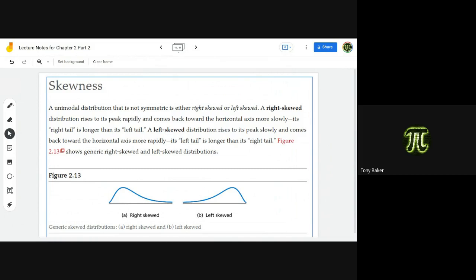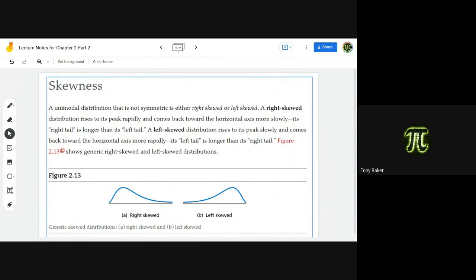So for a right skewed, this is your median, right in the middle there. Your mean is going to be somewhere over here. It's going to be pulled to the right because you have some outliers over here that are pulling it that way. The majority of your data is here, that's why your median is down here.